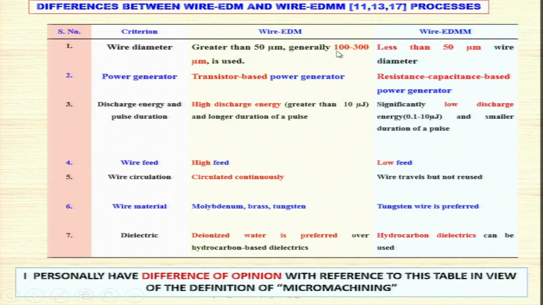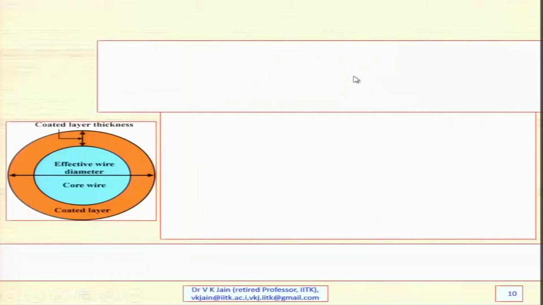That is what they have told, that even with the 100 to 300 micrometer wire they are using, where the kerf width will be around 400 micrometer, they are still not counting it as micromachining or wire electric discharge micromachining. But anyway, it depends upon the viewpoint of different researchers.